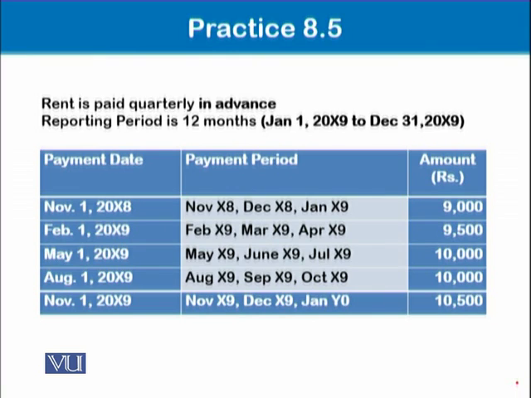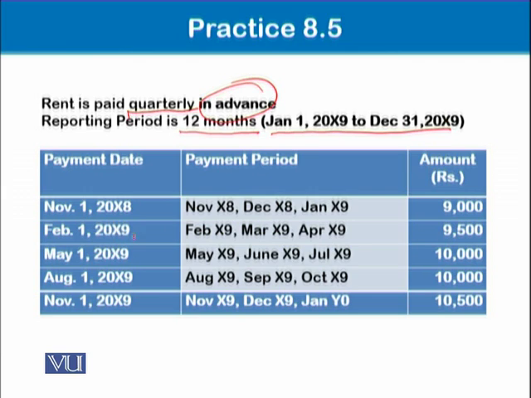When we say in advance, it means that we pay before the start of the reporting period. But this rent payment in advance is made quarterly, so before the start of the quarter. But our reporting period covers 12 months, from 1st January X9 to 31st December X9.